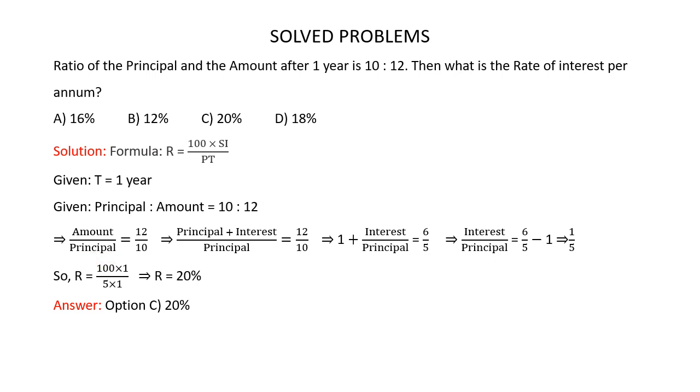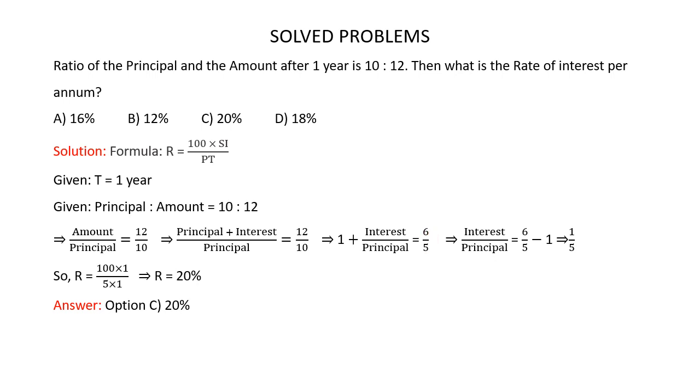Now you know that amount is nothing but principal plus interest. So we can write this equation as principal plus interest divided by principal is equal to 12 by 10. 12 by 10 on simplification gives us 6 by 5. Now principal divided by principal is 1, plus interest divided by principal is equal to 6 by 5.